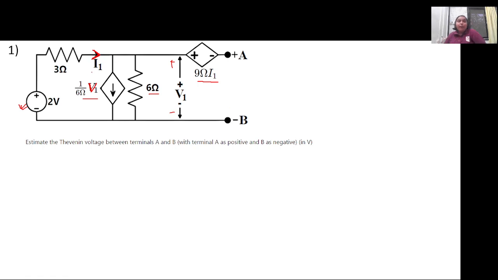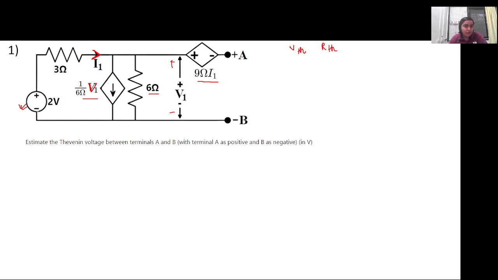So to apply Thevenin's theorem in this type of circuit, we have to calculate first the Thevenin's voltage. For this question, only the Thevenin's voltage is asked for now. Like if you are to calculate the R Thevenin in normal circuits, what do we do? We replace the voltage source by its internal resistance, right?